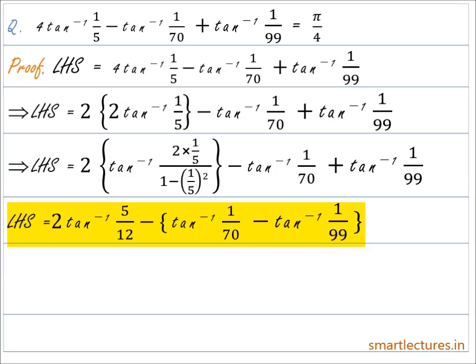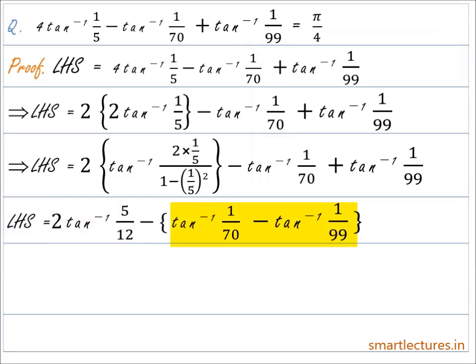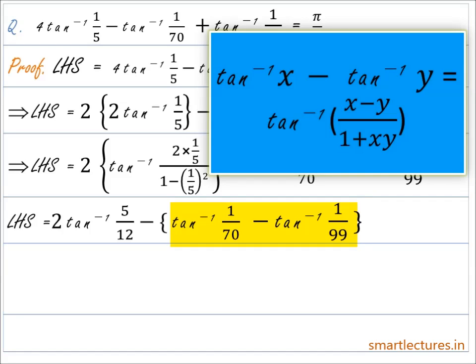And now to simplify 2 tan inverse 5 upon 12, we can again use the formula for 2 tan inverse x, and tan inverse 1 upon 70 minus tan inverse 1 upon 99 can be simplified by using the property by which tan inverse x minus tan inverse y is equal to tan inverse x minus y divided by 1 plus xy.